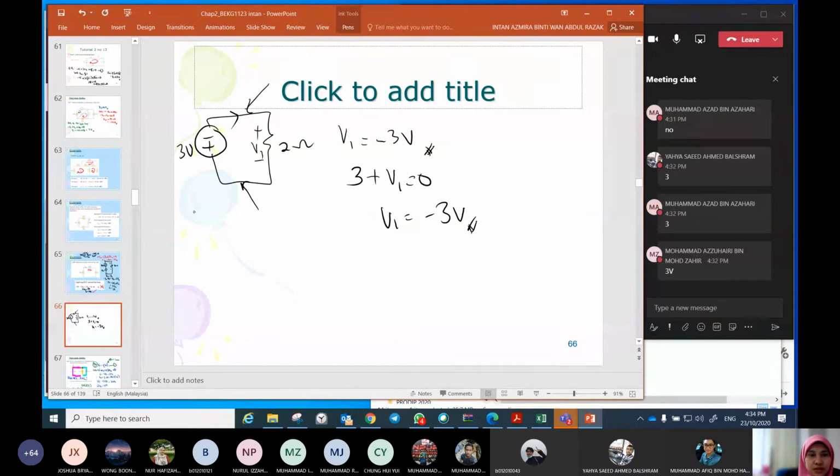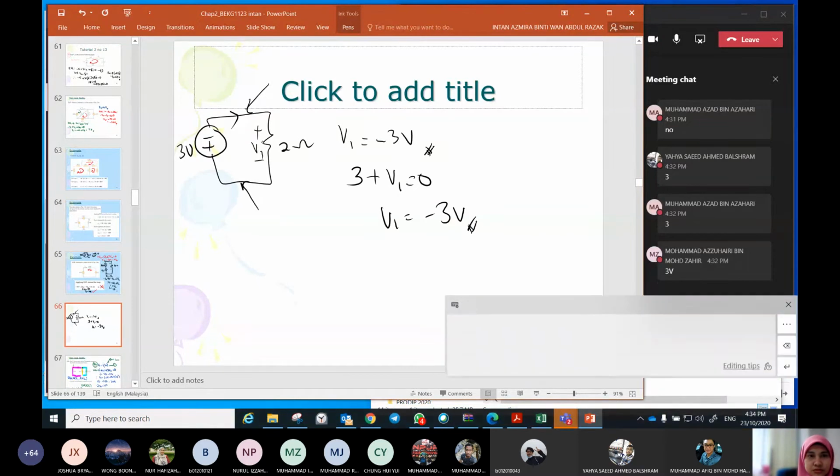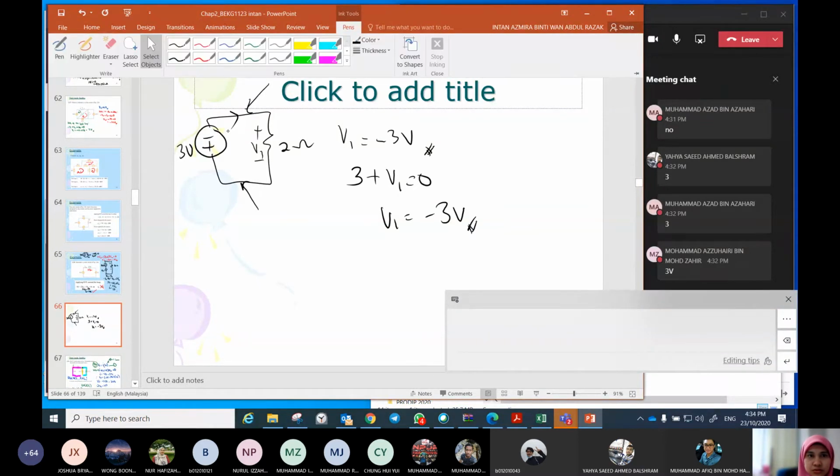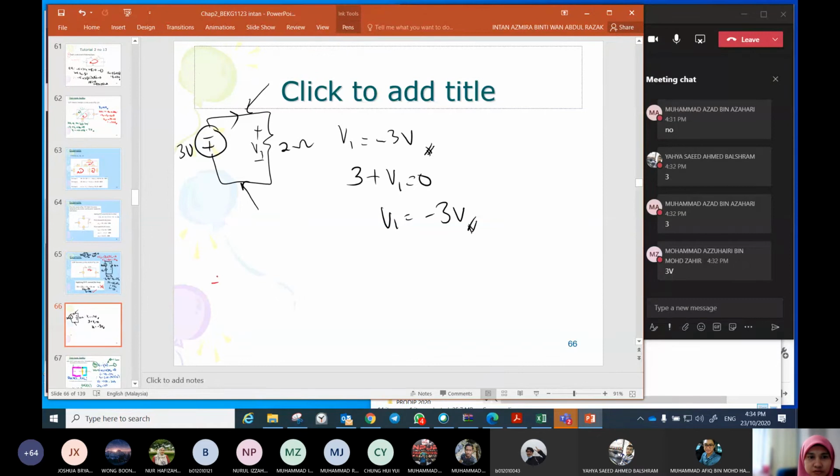Now let's say we have two voltage sources, 2 volts, and here is 3 volts, and then we have VA.